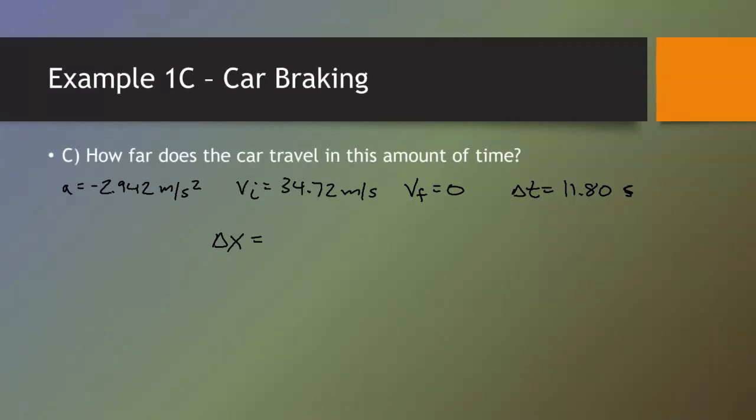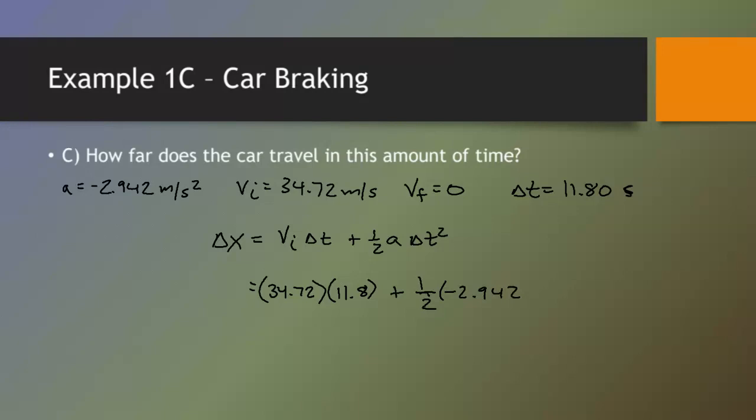Using the kinematic equations, plus 1/2 a delta t squared, we're just going to plug all these values in and solve. 34.72. Be careful with your signs when you're solving these types of problems. The acceleration is negative 2.942. It's slowing down the car. And this time, in the second half, is squared.